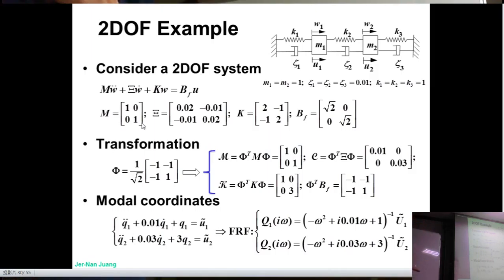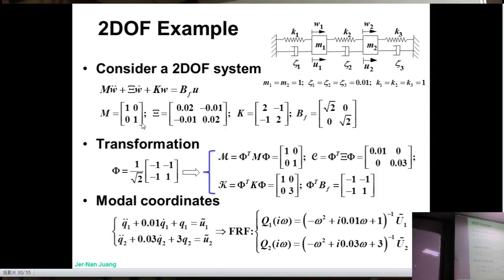M inverse K is not a symmetric matrix. All right. Although it is not, it has the property of a symmetric matrix. Because in the real system, assuming we don't have damping, the eigenvectors must be real. I mean, for the second order system.